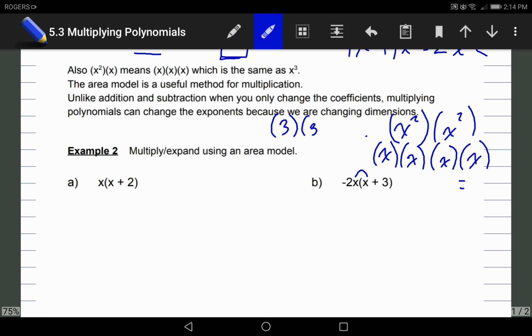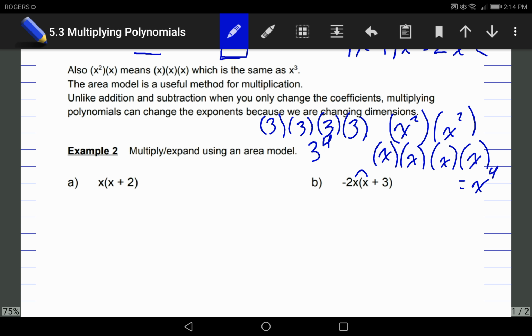Again, I take you back to if we use numbers, 3 times 3 times 3 times 3. What's an easier way to write that out? It would be 3 to the power of 4, right? 3 times itself 4 times. Well, this is x times itself 4 times.